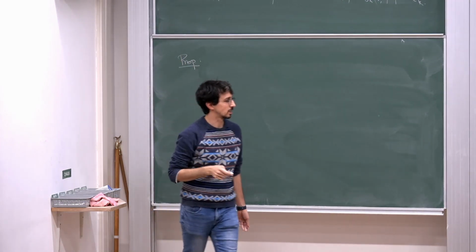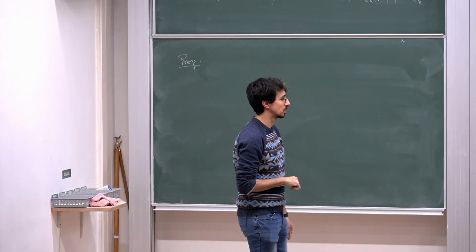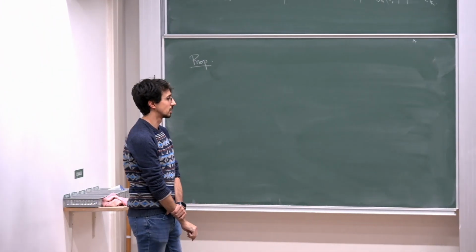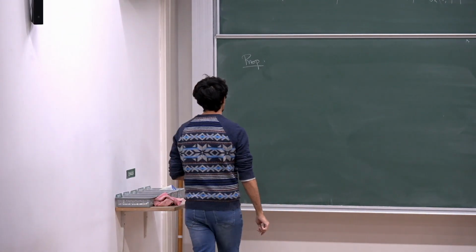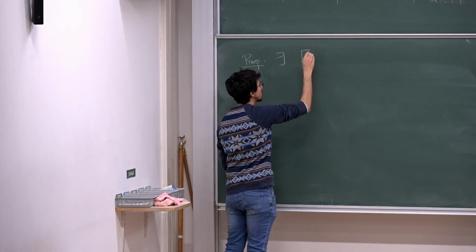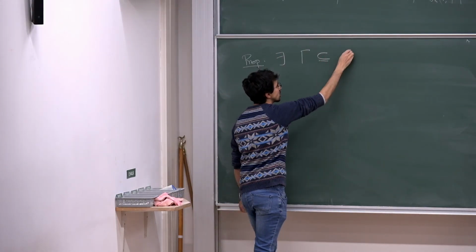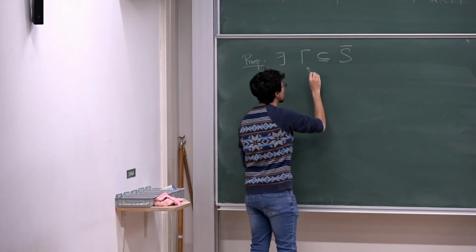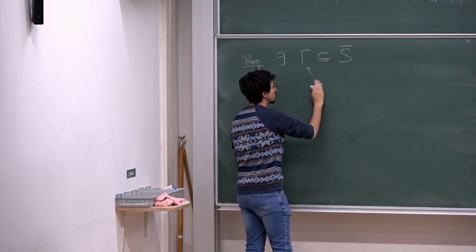This is the technique that we used in the paper with Yair and Alia. There exists a graph, gamma, inside S bar, an embedded graph.